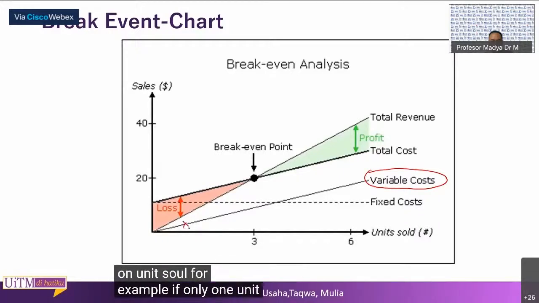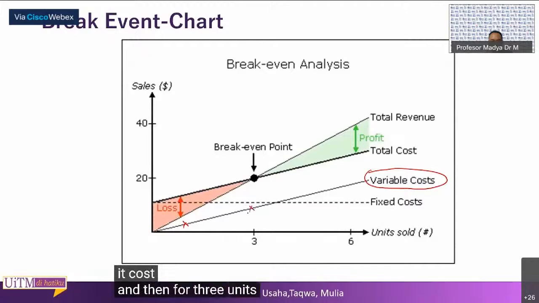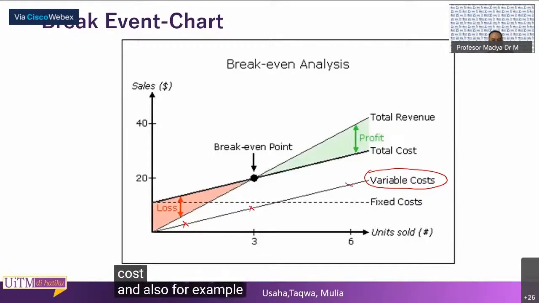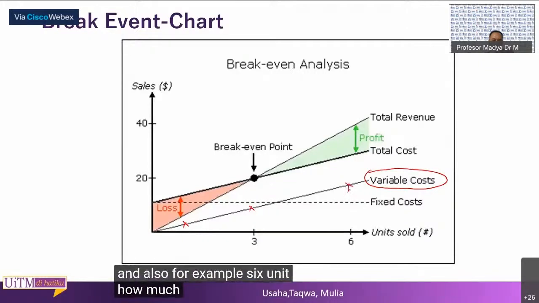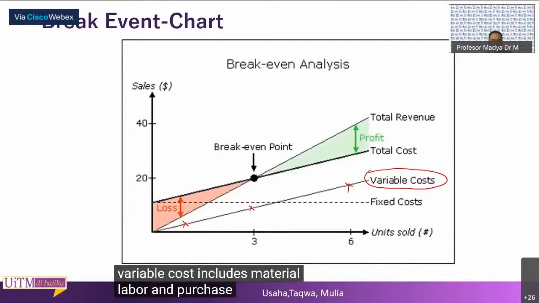If only 1 unit, how much will it cost? And then for 3 units, how much will it cost? And also, for example, 6 units, how much will it cost for variable cost? Variable cost includes material, labor, and purchased parts. That's why with an increase of units, there is also an increase in variable cost.